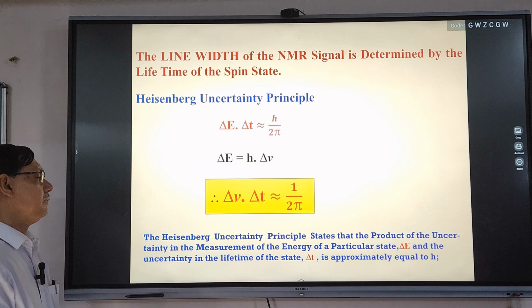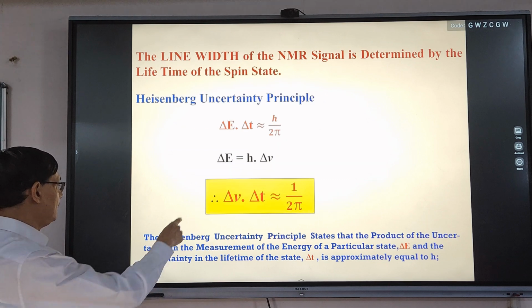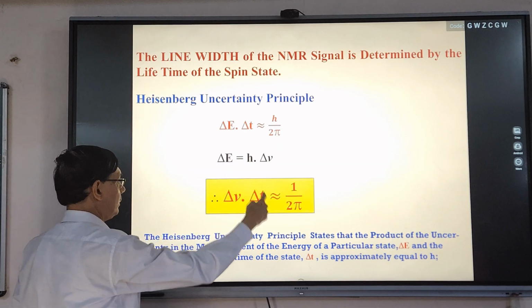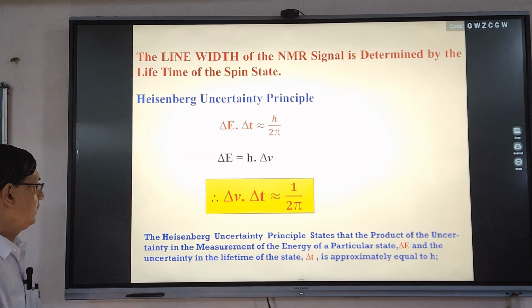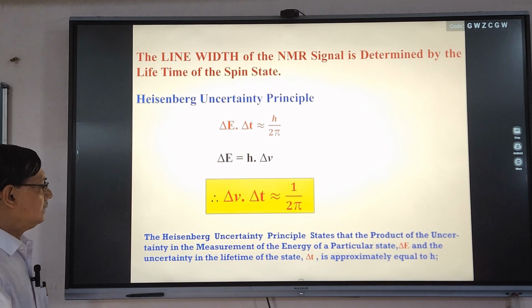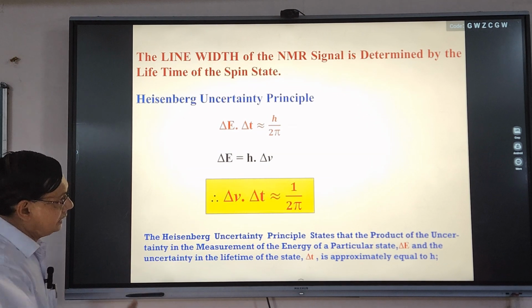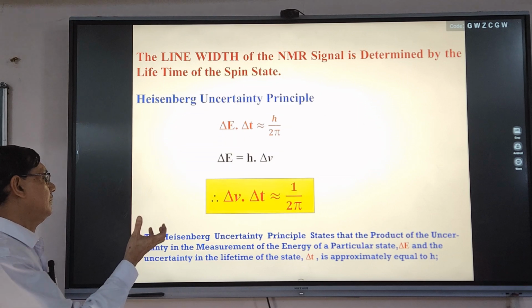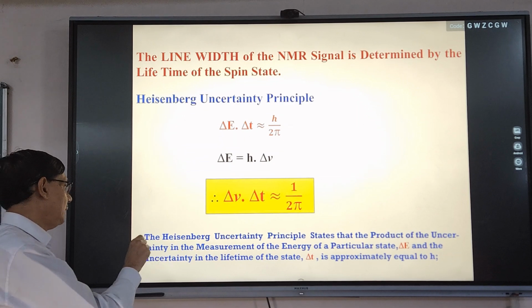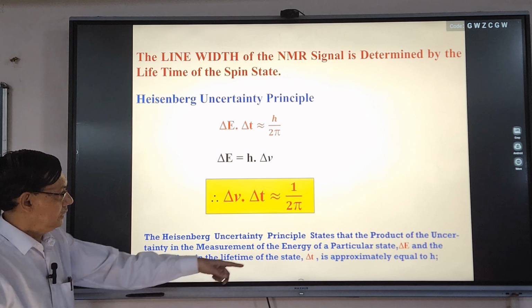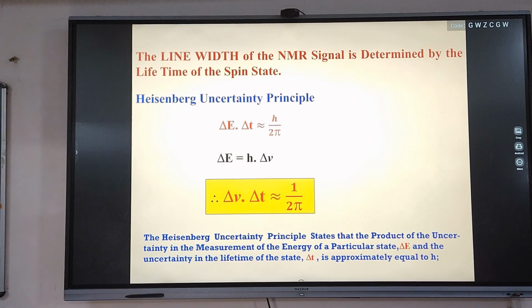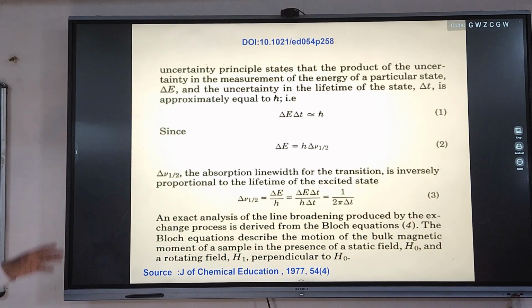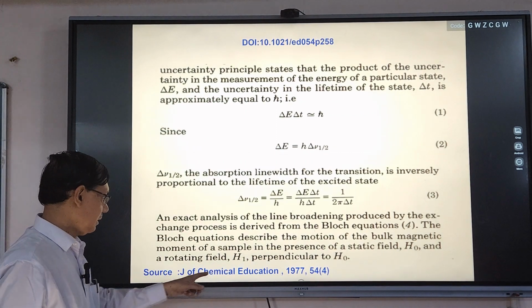The Heisenberg uncertainty principle states that the product of the uncertainty in the measurement of the energy and the time is inversely proportional. If delta E is very large, delta t will be less, the lifetime will be less, approximately equal to h. I have taken this information from a very good Journal of Chemical Education.